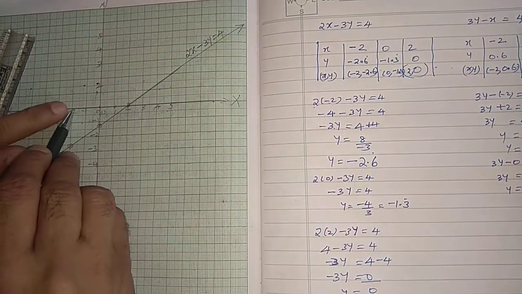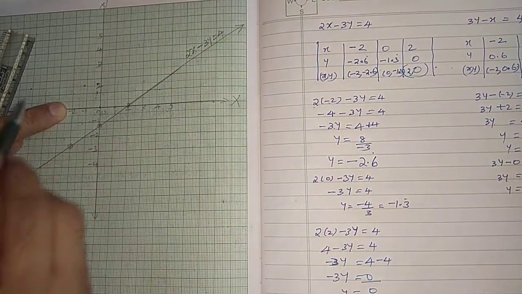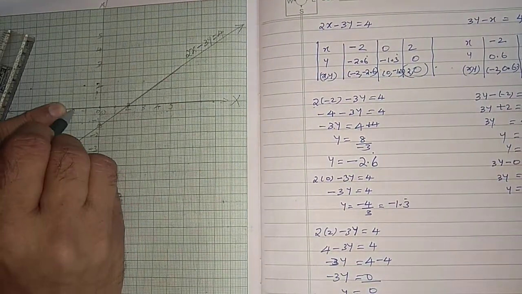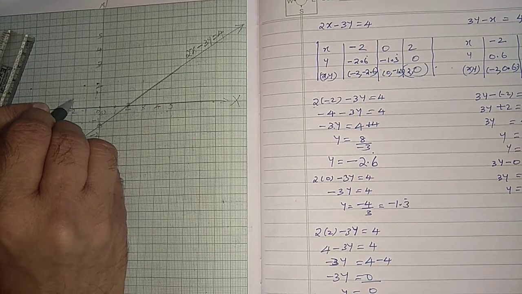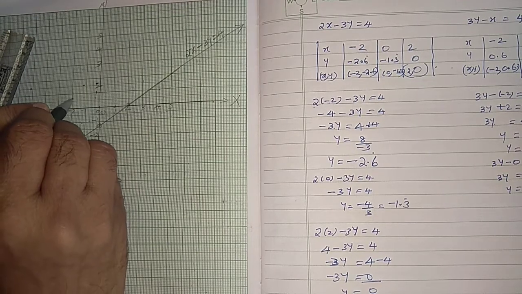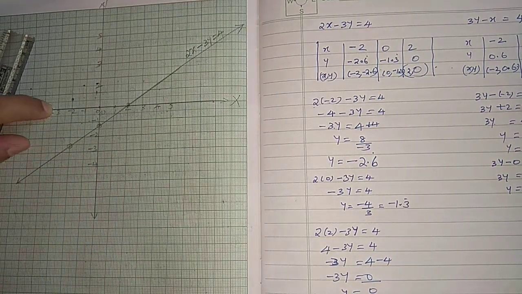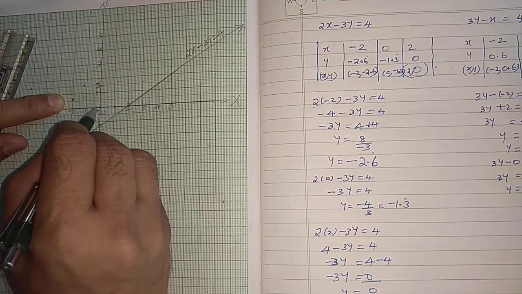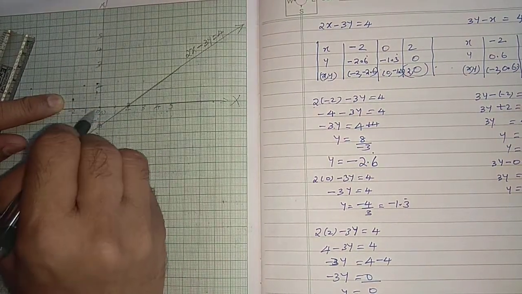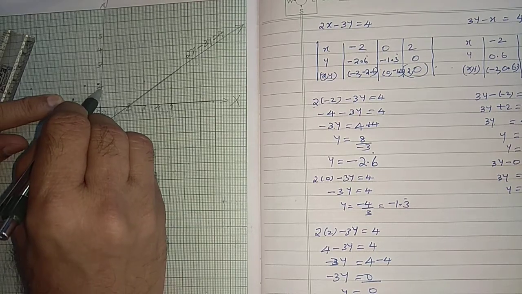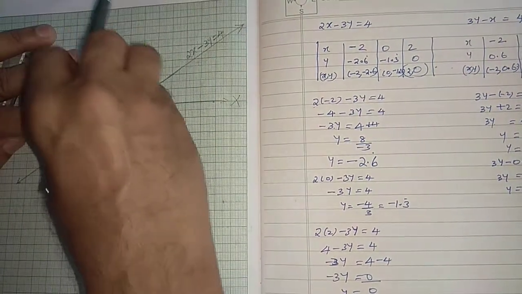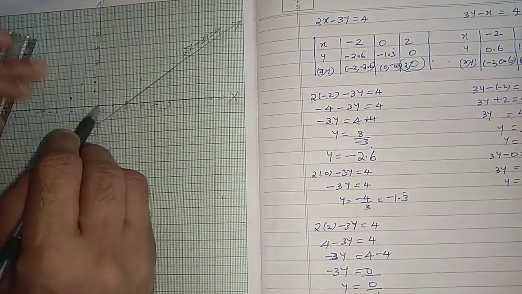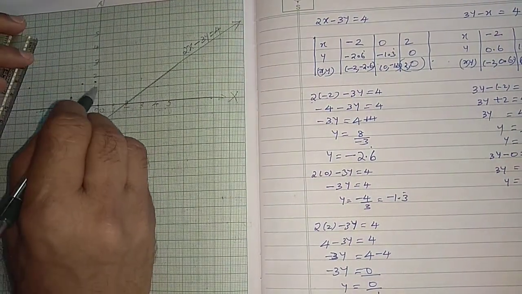x is minus 2, y is 0.6. That is here. Minus 2, 0.6 is here. Second point, x is 0, y is 1.3. From here 1.3 is here.